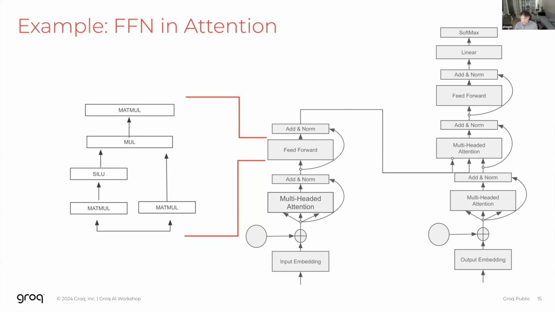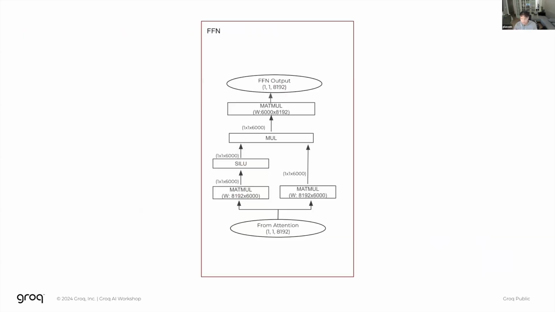I'll focus on the feed-forward network because it illustrates the point, but the ideas hold true for what we do in multi-headed attention as well. So yeah, let's zoom in on the feed-forward network.